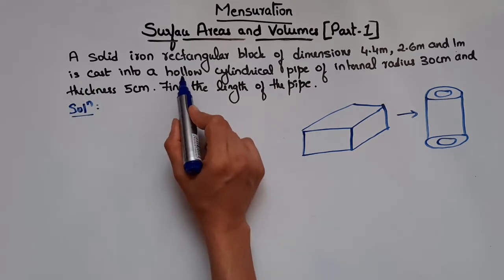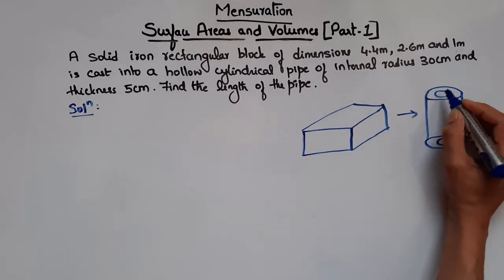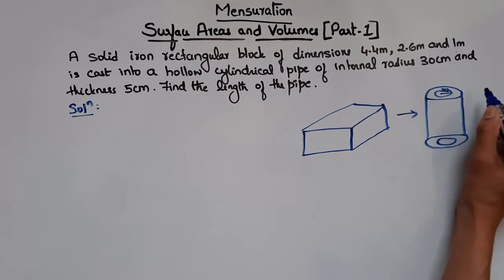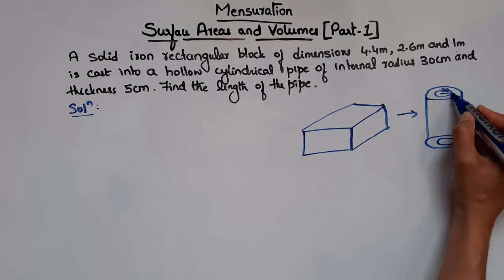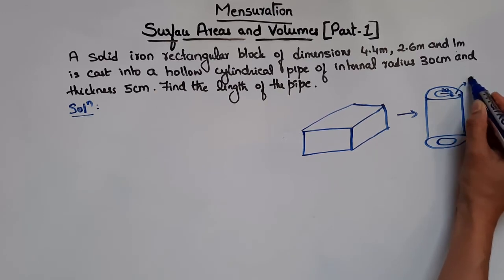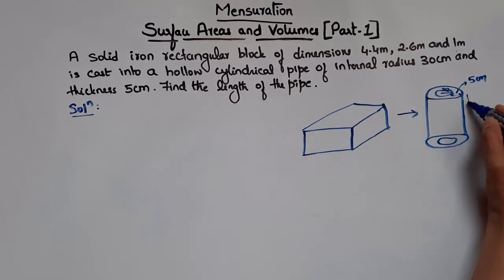Continue the question. Here it says hollow cylindrical pipe of internal radius 30 centimeter, which means this internal radius is 30 centimeter and thickness is 5 centimeter. So this thickness is from here to here. So this is 5 centimeter. Find the length of the pipe, which means we have to find this length, which is nothing but the height of this pipe.